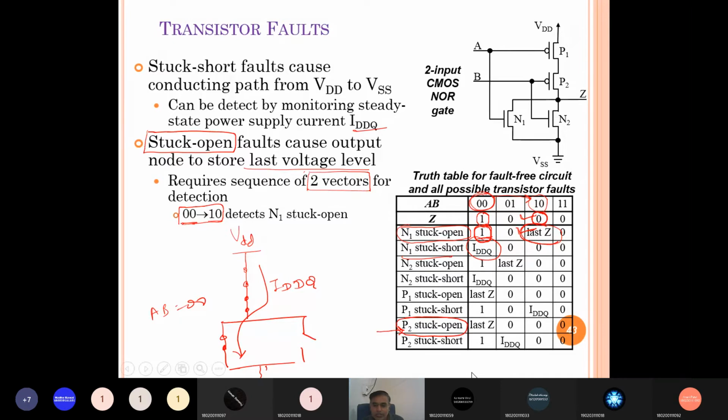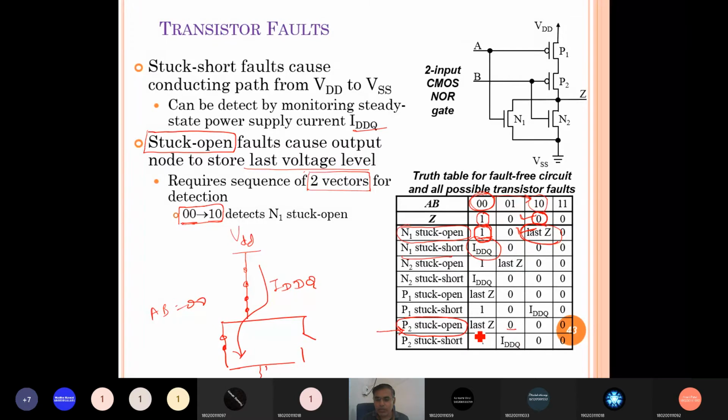No, not directly 0 0 can detect the P2 stuck open fault. To detect the P2 stuck open fault, first of all, we have to give the input test pattern that gives the output 0, right?